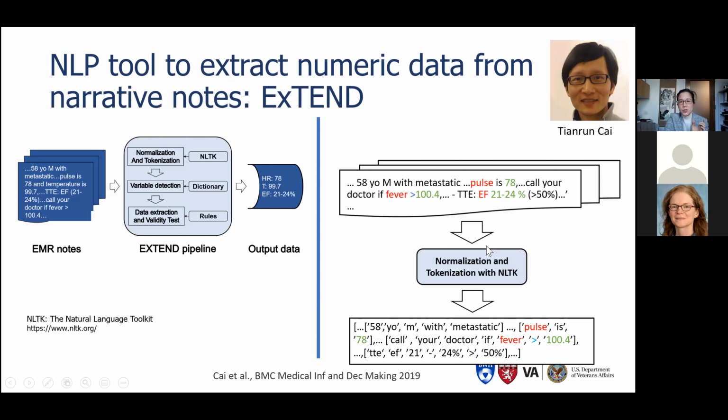So what he's doing is he's normalizing and tokenizing these narrative data with this natural language toolkit. And so I'm going to give you the example of EF here. Here he's looking for TTE, EF 21, and he's specifying what are some of the possibilities that you're looking for.